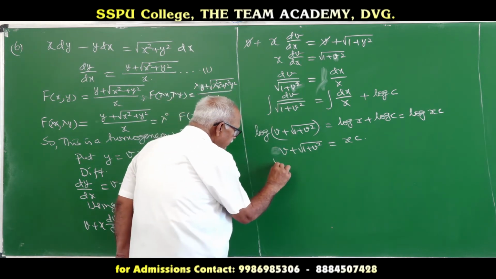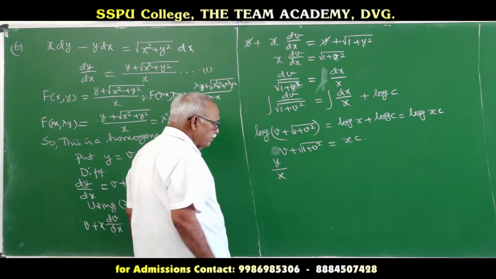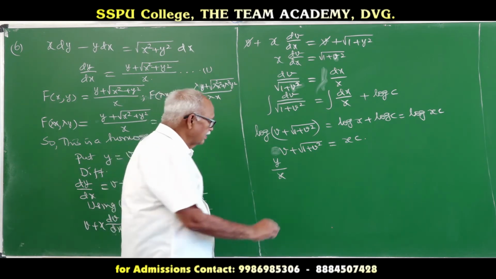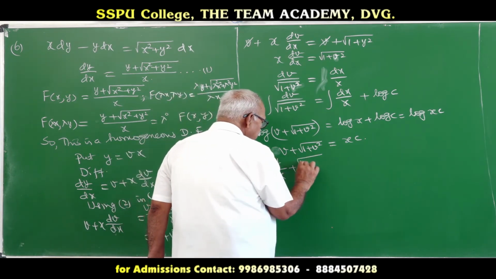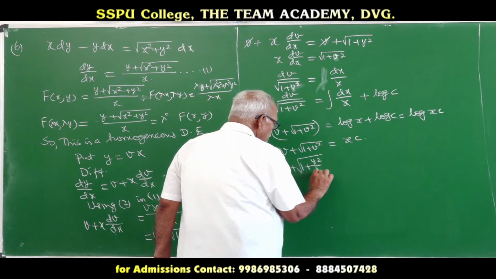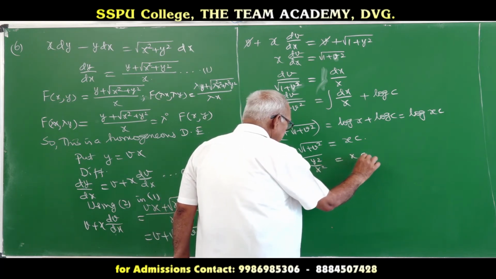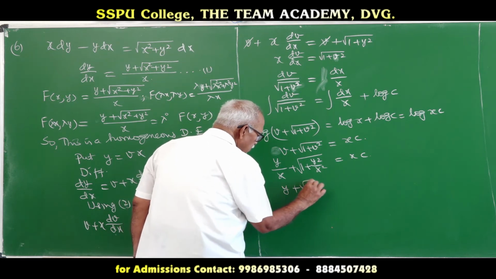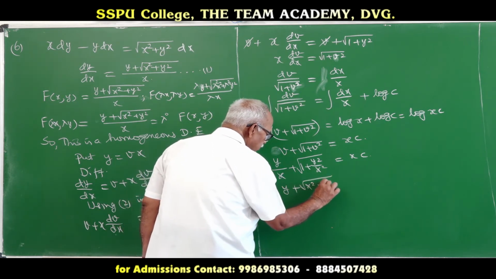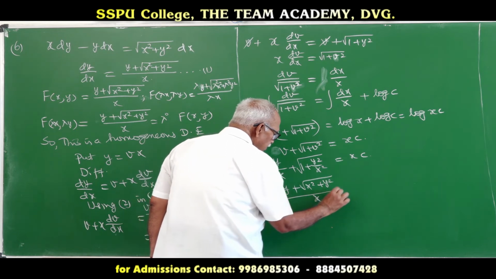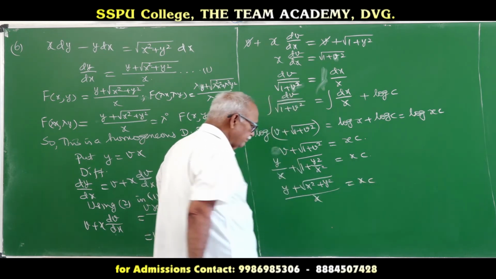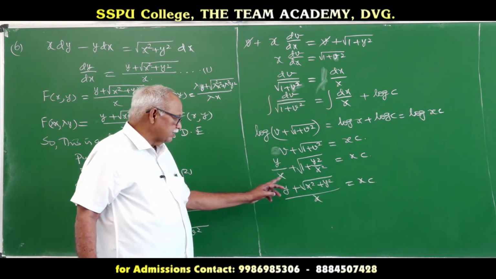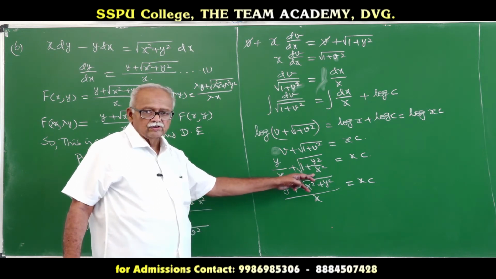What is v? V is y by x. So, y by x plus square root of 1 plus y square by x square is equal to xc. Now this is y plus square root of x square plus y square by x is equal to xc. X divided by x, because x is there, here also you will get x.